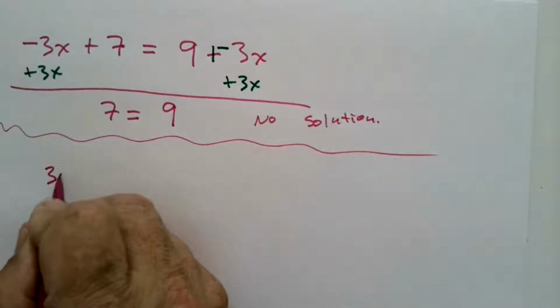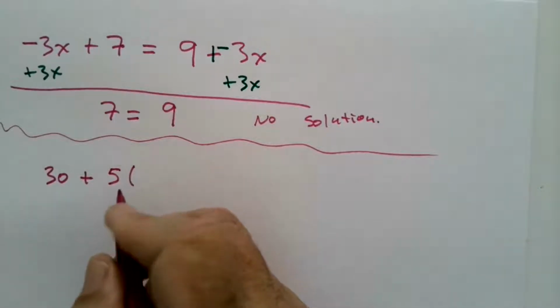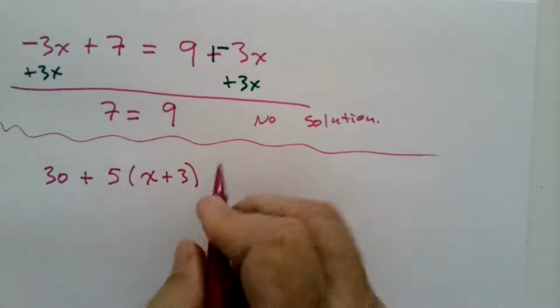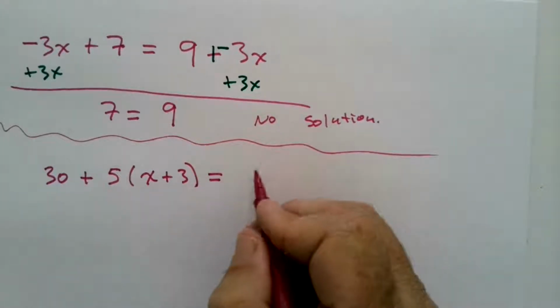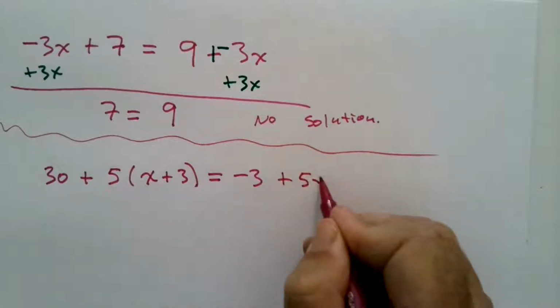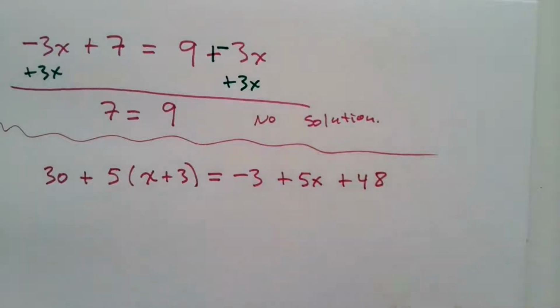Let's take a look at 30 plus 5 times x plus 3 equals negative 3 plus 5x plus 48. So again, we have a left and a right side, and we are going to simplify each side and see what happens.